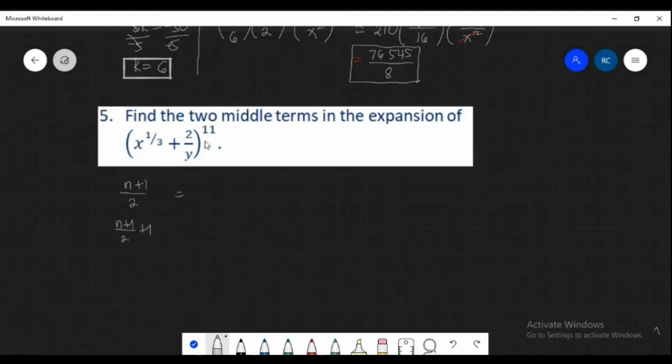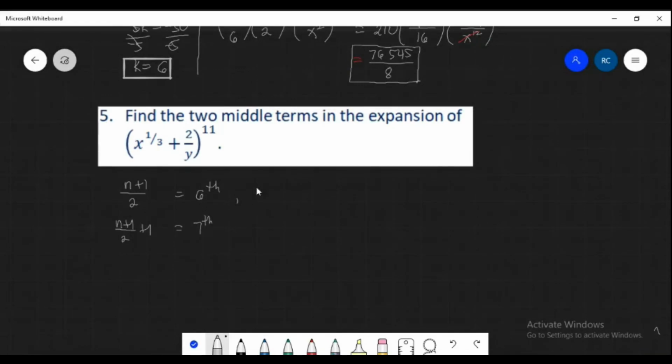So, yung n natin is 11. 11 plus 1 is 12. 12 divided by 2, that is 6. So, malamang sa malamang, ang 6th term yung unang middle term. And dito, 11 plus 1 is 12. 12 divided by 2, that is 6 plus 1, that is 7. So, ang middle term natin would be 6 and 7.